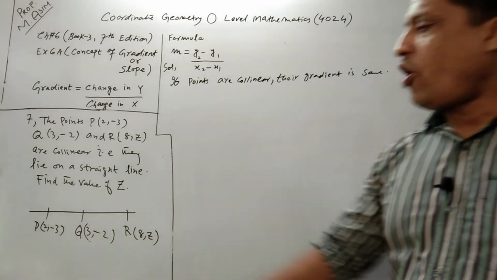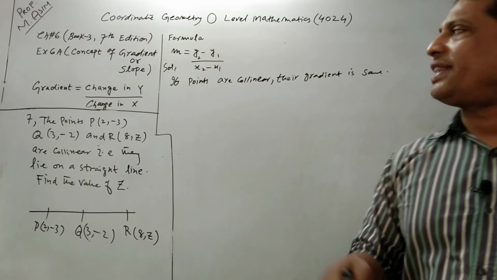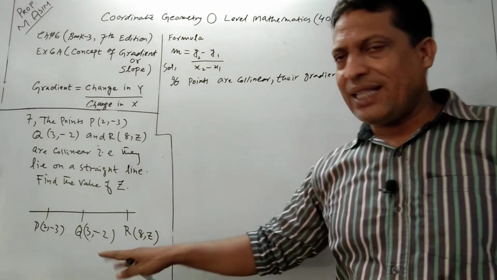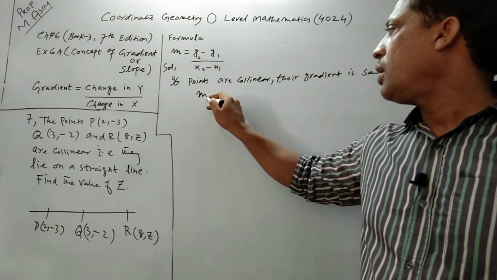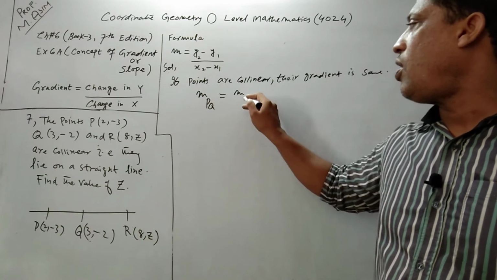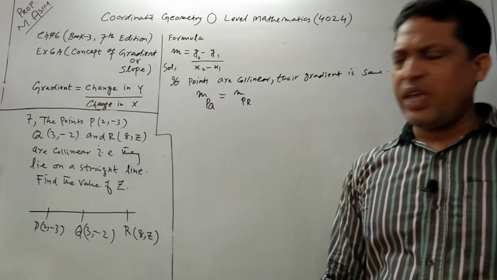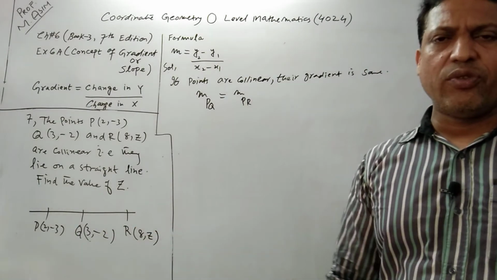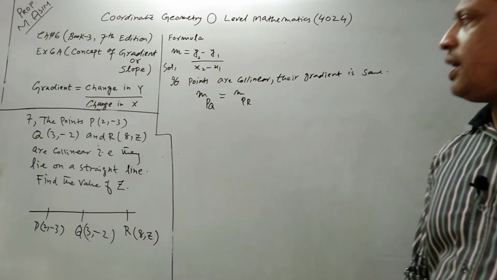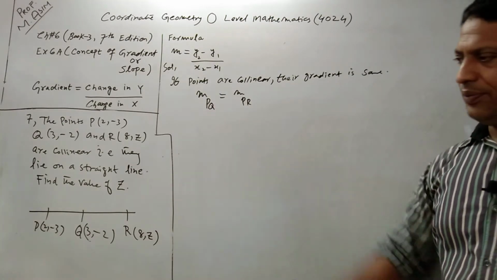If points lie in the same line, or you can say if points are collinear, then their gradient is the same. It means you can say gradient of PQ is equal to gradient of PR, or gradient of PQ is equal to gradient of QR. No difference. Answer should be the same. Now I am going to find out the gradient of PQ.